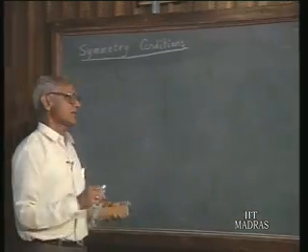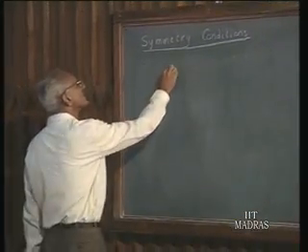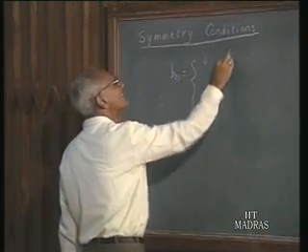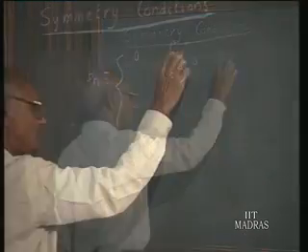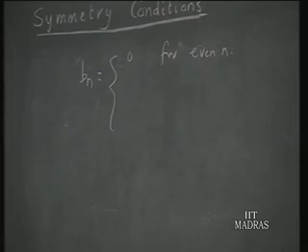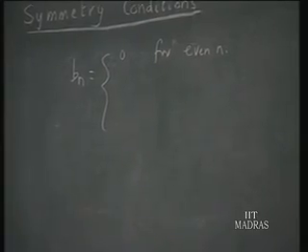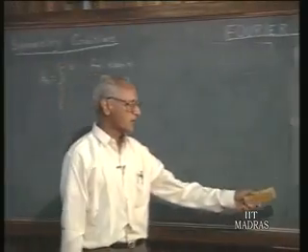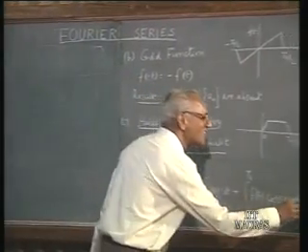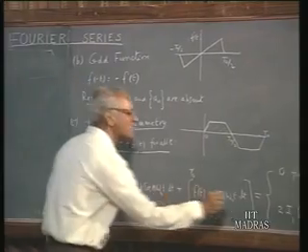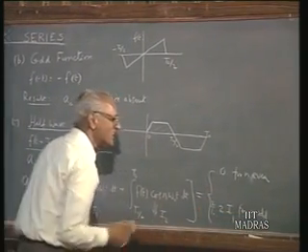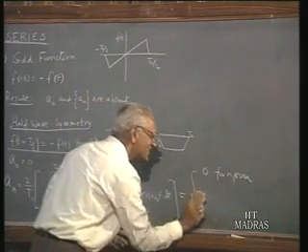Same analysis can be extended for Bn terms also. You can show that Bn will be 0 for even n, and for odd n, you see An for odd n turns out to be, I'm sorry, 2I1, I must also write here, because I am equating this, I must also multiply it by 2 by t₀. So I will write the complete expression here.